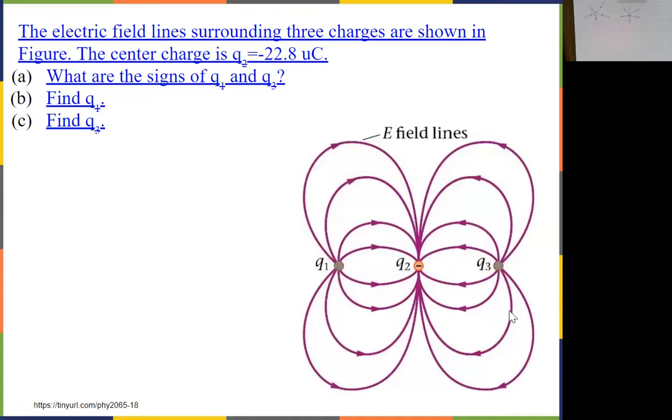That means Q1 and Q3 are half of Q2, because you have half the lines. So Q1 and Q3 are half of Q2, so positive 11.4 microcoulomb.